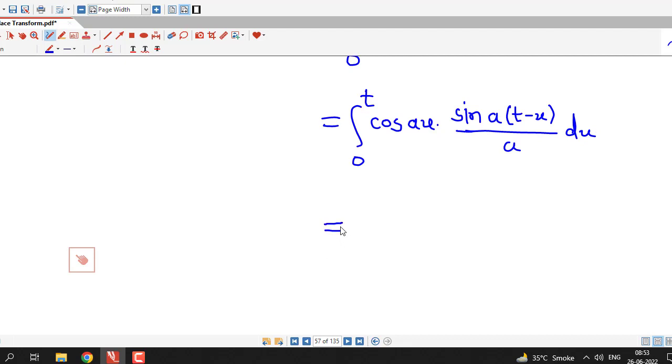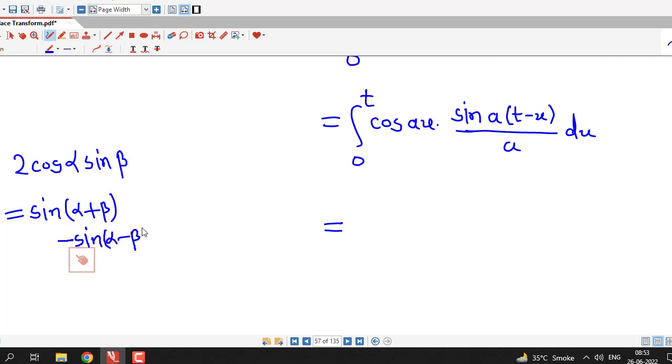Now to integrate this, we will apply the formula for 2 cos alpha into sine beta, that is equal to sine of alpha plus beta minus sine of alpha minus beta.